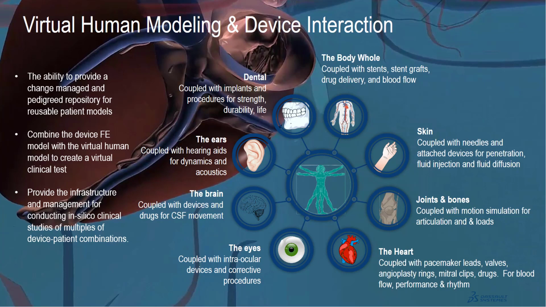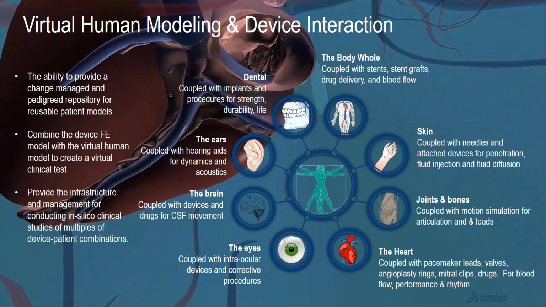As you can see, we can approach dental with implants, procedures, and so on; ears coupled with hearing aids, dynamics, acoustics; of course the brain coupled with devices, drugs, and so on. Eyes, coupled again with devices, corrective procedures, and so on.